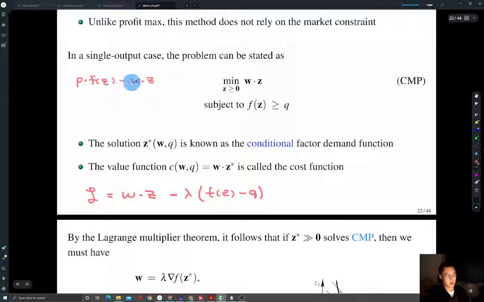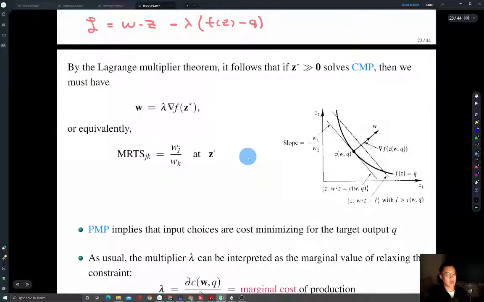Maximizing this quantity given target quantity Q, we can replace this f(z) with Q. Maximizing profit is totally equivalent to minimizing this cost given this target quantity Q. So that's why we have the same optimal condition.